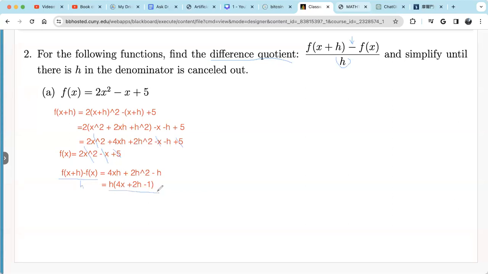We see h is a factor in the numerator, h is a factor in the denominator. h divided by h becomes 1. So the answer for this one is 4x plus 2h minus 1. And that's it. So that's the difference quotient. It's just 4x plus 2h minus 1.